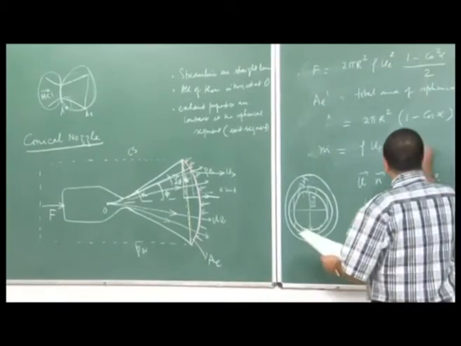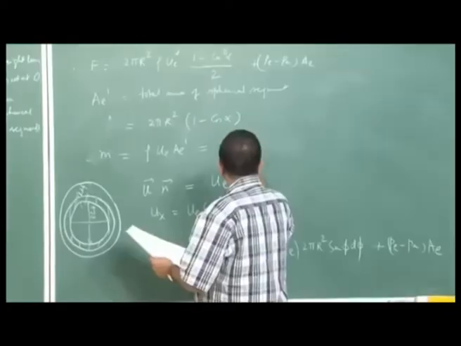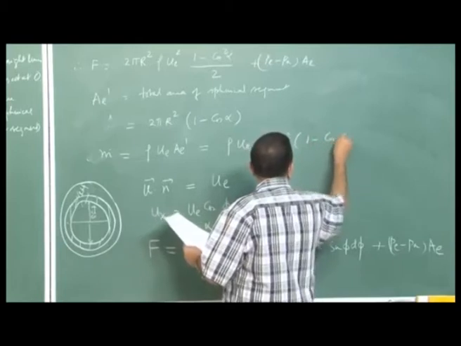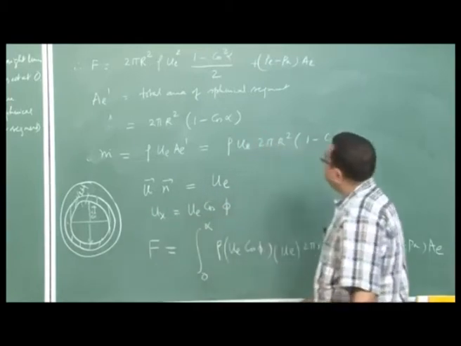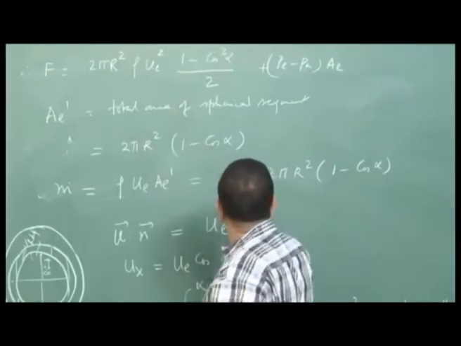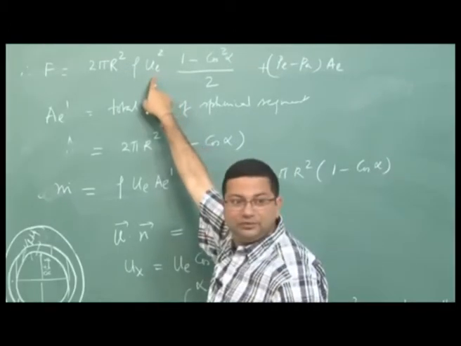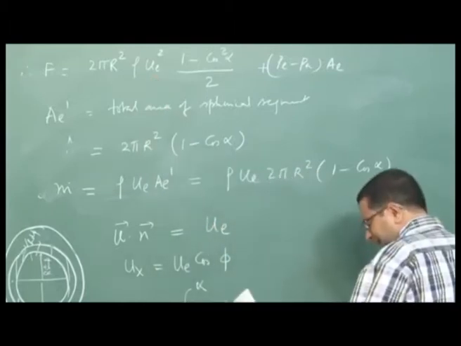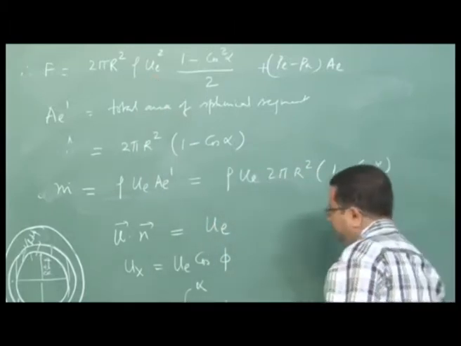Therefore, this is equal to rho u e 2 pi r square times 1 minus cos alpha. I see that some of these terms are included in the thrust expression. So, let us take a closer look at it.